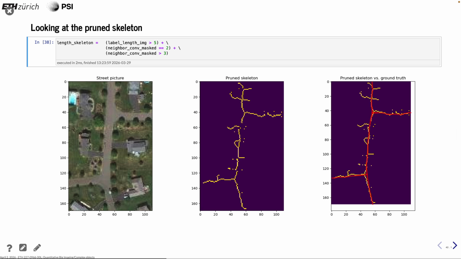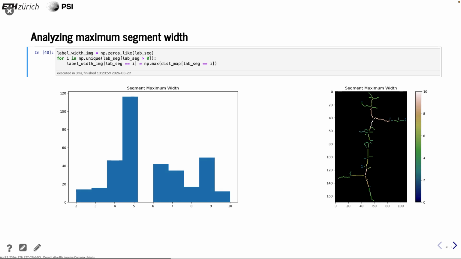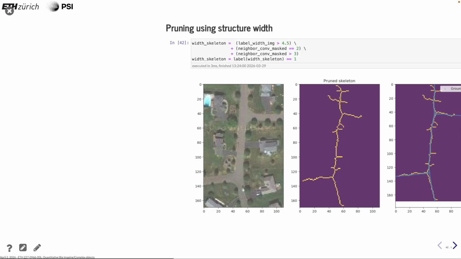Almost getting there. What we managed to do was to remove at least one loop. There is still one loop left, but yeah, that one I think is going to be very stubborn. We can also look at the segment width using that, because if it's too narrow, it's not likely to be a street. So that could also be a way to put the analysis on the pruning.